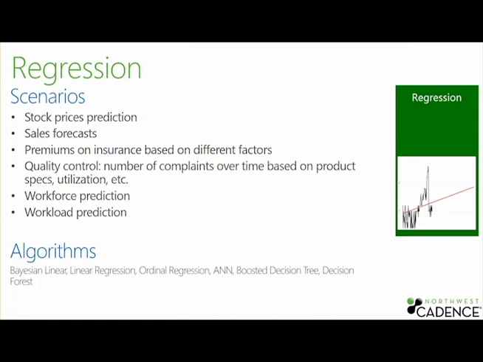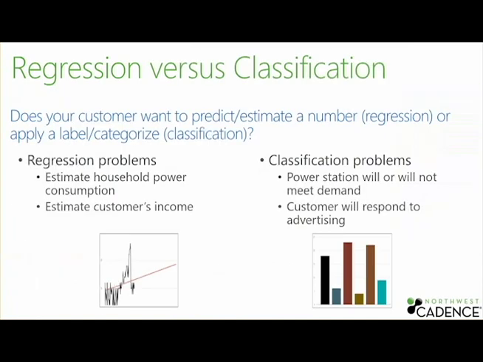Exactly. And we do want to point out the difference between regression and classification. While it may seem obvious to most, it's important to know. Regression is that number, that continuous variable, while classification is categorical. You're trying to predict a label. We have some examples here: estimating household consumption, and whether or not a power station will meet demand.